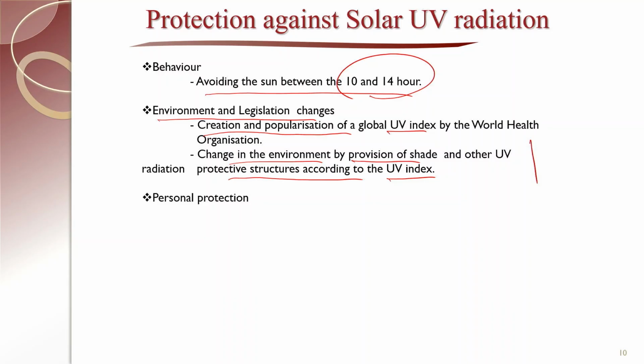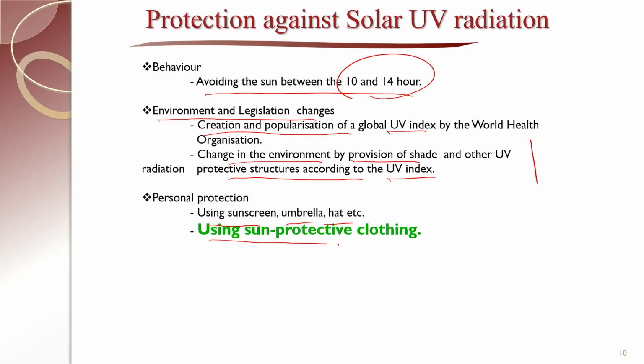Then personal protection. Our body we can protect by using sunscreen lotion, which prevents the direct exposure from the UV ray, or we can use an umbrella or hat that we have discussed, or sun protective clothing. The advantage of sun protective clothing is that it covers the whole body.